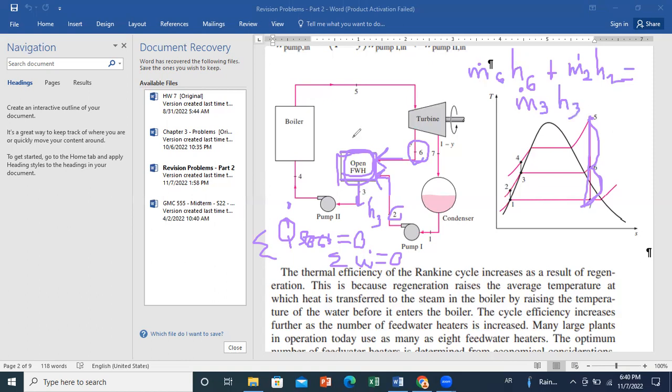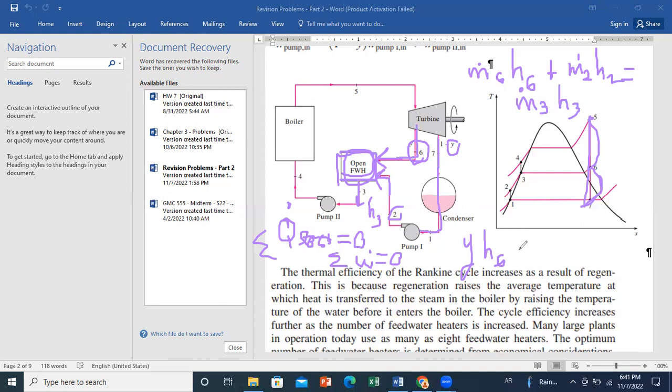So I can use the energy balance here to find the fraction y, because if I do the analysis per kilogram per second, m dot 6 is y. So I have y times H6, because y represents the mass flow rate fraction. So if I have in total 1 kilogram per second, y kilograms per second will be going through this pass, and 1 minus y will be going through the second pass.